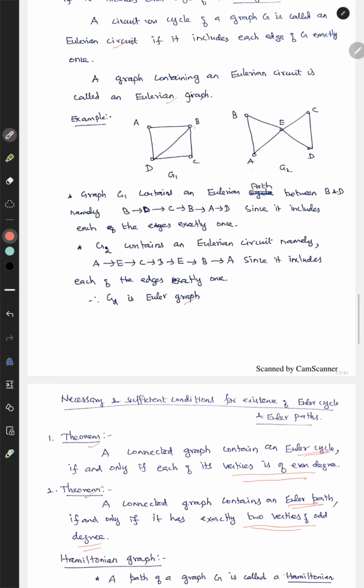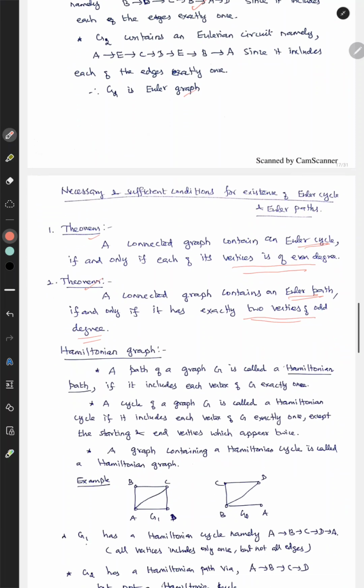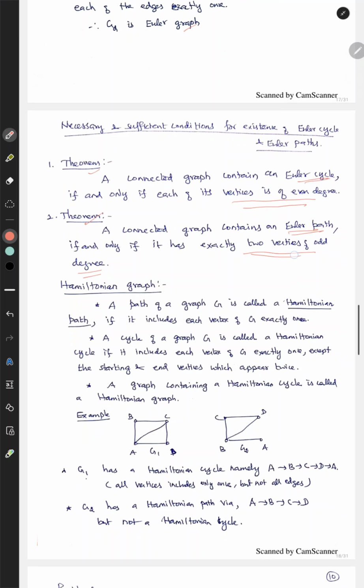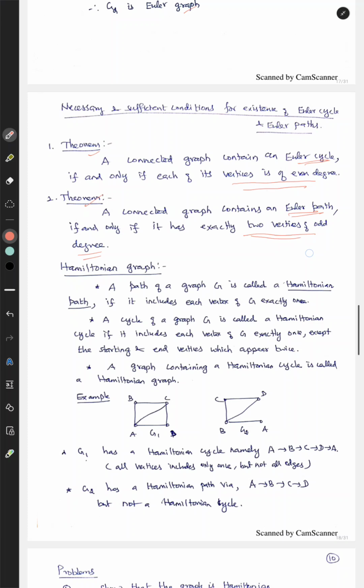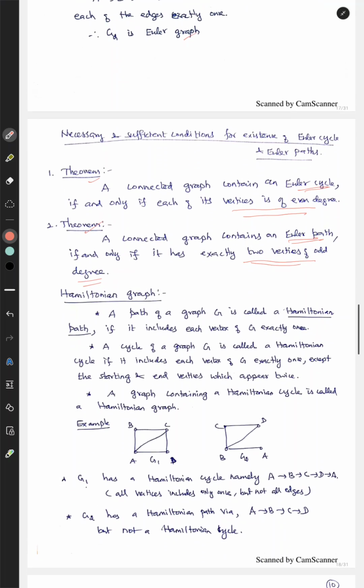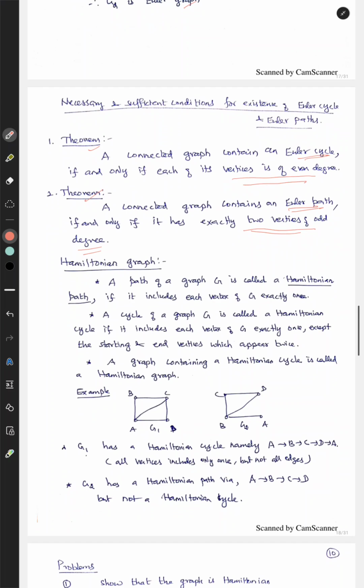We had an Euler path but not an Euler circuit, because odd degree vertices are there. There is no Euler circuit by that theorem, but there are exactly 2 vertices of odd degree. This vertex is degree 3, this is degree 3, this is degree 2, this is degree 2. So there are exactly 2 vertices of odd degree, and the result says there will be an Euler path, and we were able to find such an Euler path, right? You can use these necessary and sufficient conditions for checking whether a given graph is Eulerian or not. If it satisfies the Eulerian condition, then you can go for finding the Euler path or Euler circuit, whichever is required.